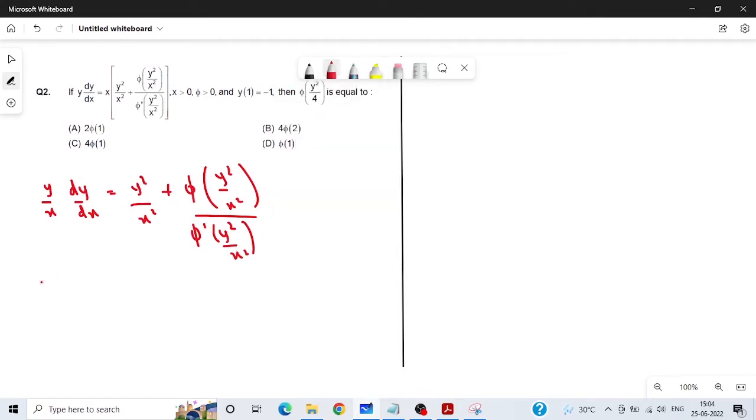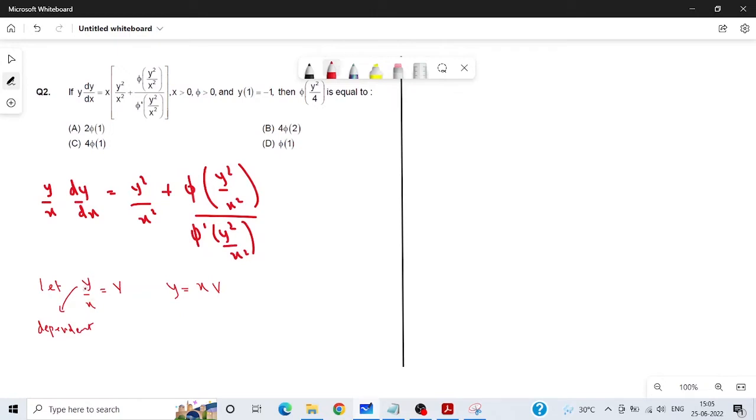Now, as I said, the substitution is let y by x equal v. So basically we get y = xv. It's very important to know, whenever you have a differential equation, what your dependent and independent variables are. In the above differential equation, y is dependent and x is the independent variable.